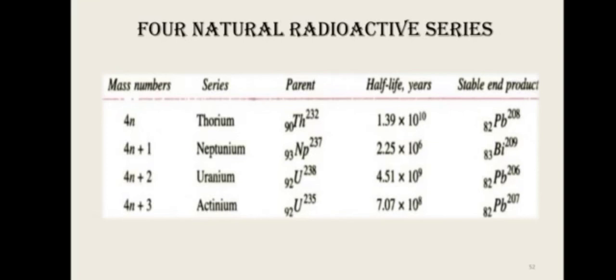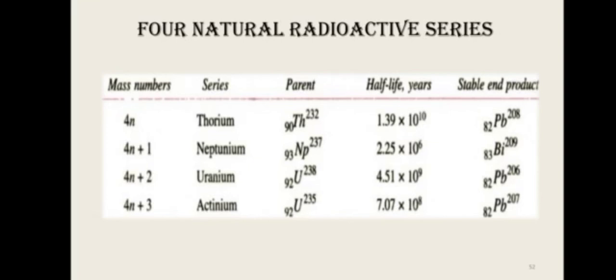Then the 4n plus 1 series is headed by neptunium, and its parent is also neptunium, and it has a half-life of 2.25 times 10 to the power 6 years, and its stable end product is bismuth.